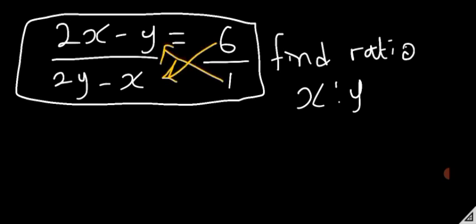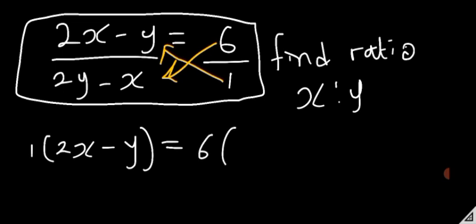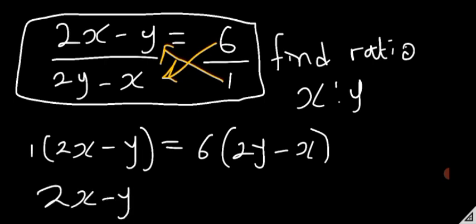So this automatically becomes 1 bracket 2x minus y is equal to 6 comes to this side, right? Becomes 6 bracket 2y minus x. Any complaint? So this becomes 2x minus y is equal to 6 times 2 is what? 12y. And 6 times minus x is what?